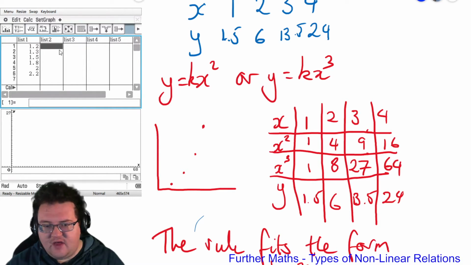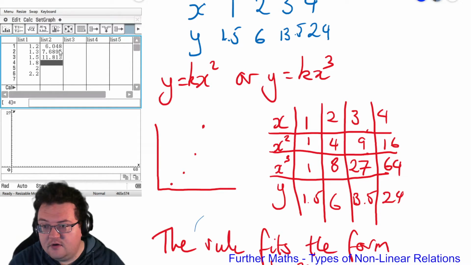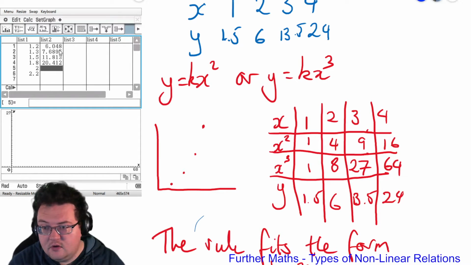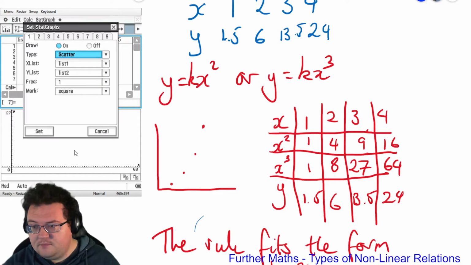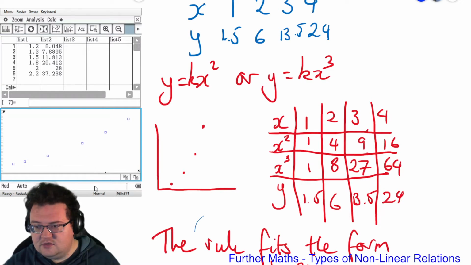And I know that the y values are 6.048, 7.6895, 11.8130, 20.4120, 28, and 37.268. So I have a set of values there, and I'm going to plot them, and we get something that looks like this.